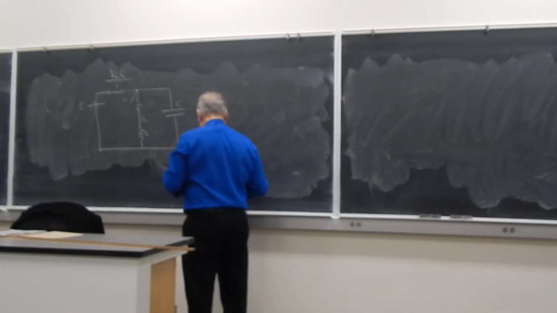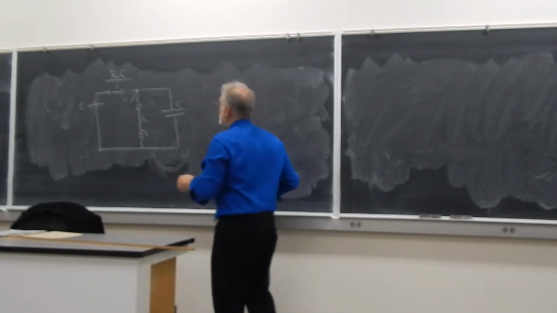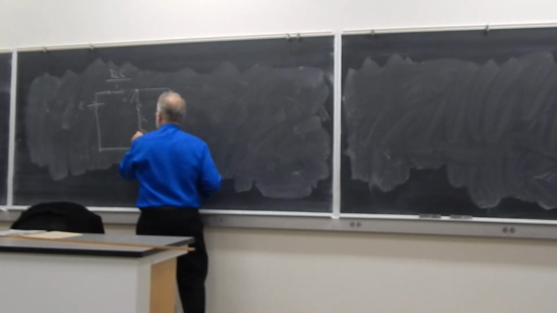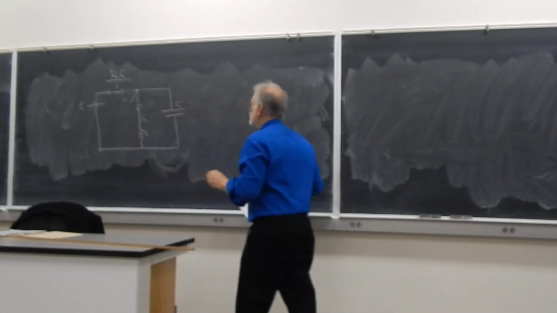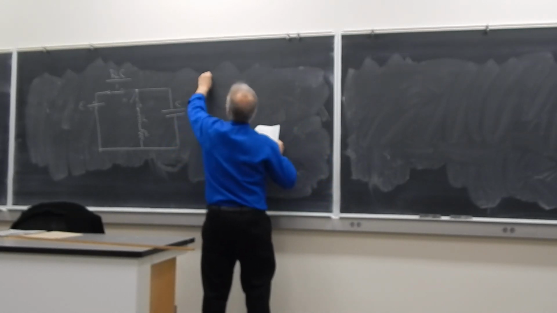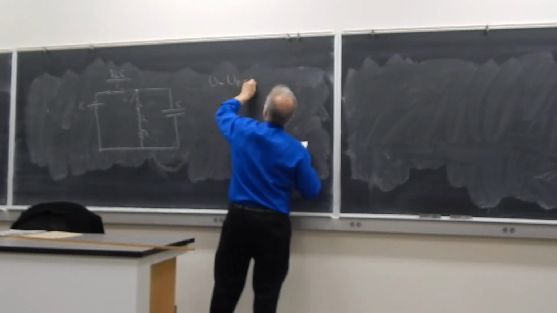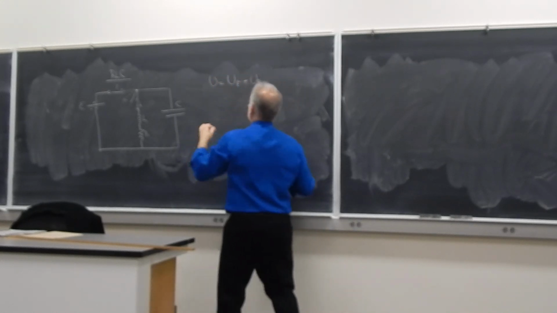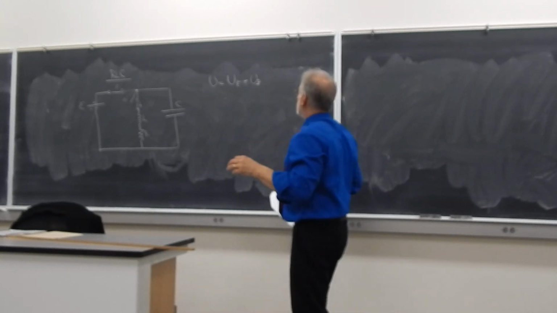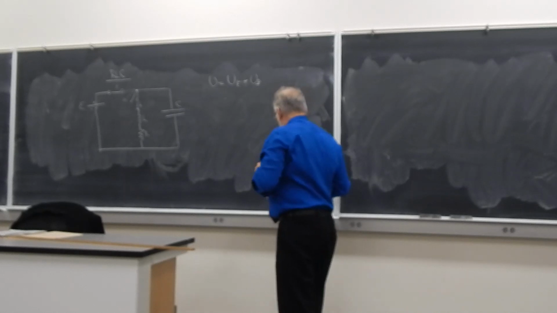In this case, the total energy isn't constant with time because now I have a resistor that can dissipate the energy. So I still have a condition where the total energy in the circuit is the sum of the energy in the electric field of the capacitor and the magnetic field of the inductor.